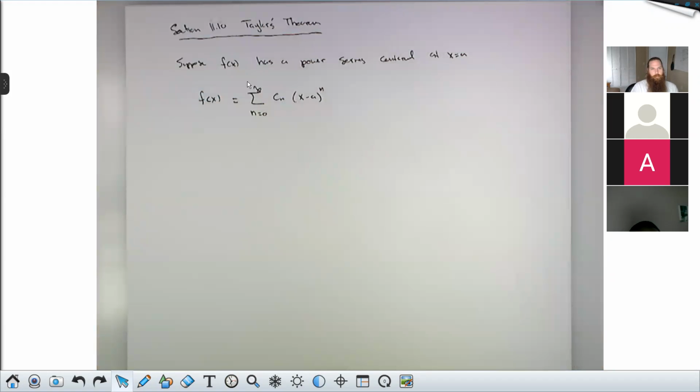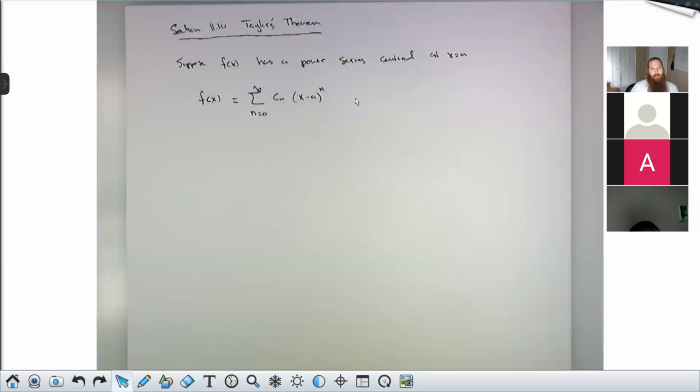The only part of the power series here that is unique to this function are the coefficients. Every series centered at a has this piece, and every power series has this piece. So it's the coefficients that actually make the series what it is.